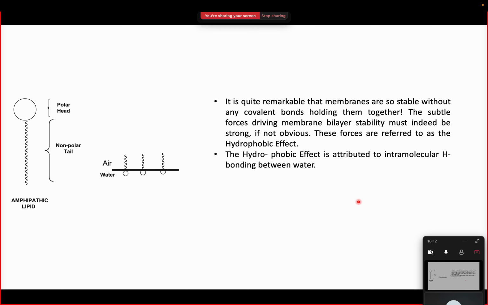So given that no covalent interaction is present, how do such stable macrostructures form? They are formed and stabilized by non-covalent interactions. The major non-covalent interaction contributing to making a biomembrane is called the hydrophobic effect, correct?